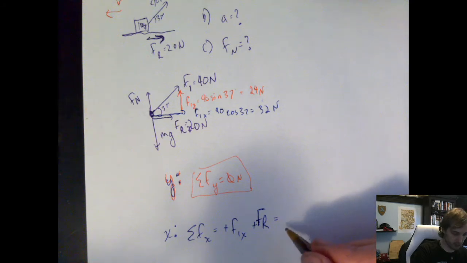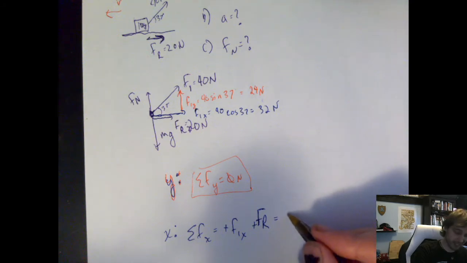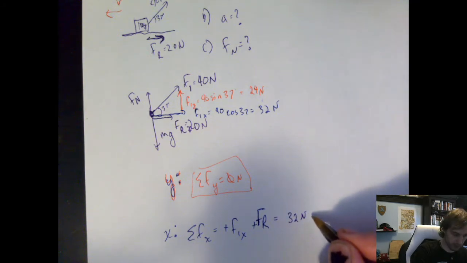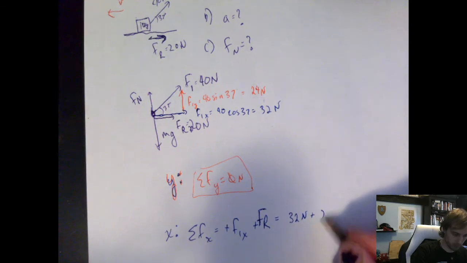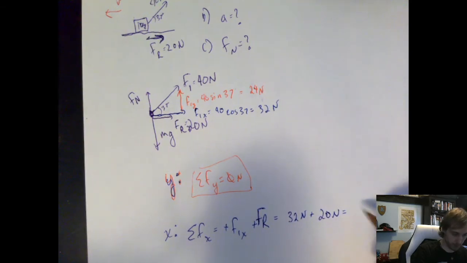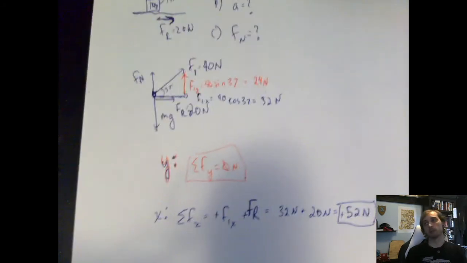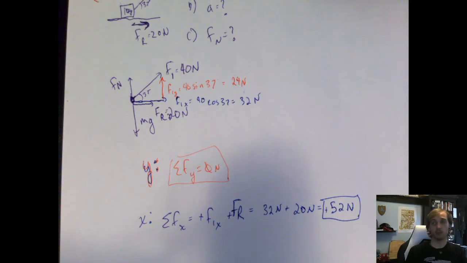In this case, we've got 32 newtons going to the right, and we've also got that 20 newtons going to the right. And so that'll give us a net force of 52 newtons to the right. As a reminder, if one of them is going to the left, you would make it negative, and they would probably wind up fighting against each other, but that won't be the case for this one. And that's it. Great. B.